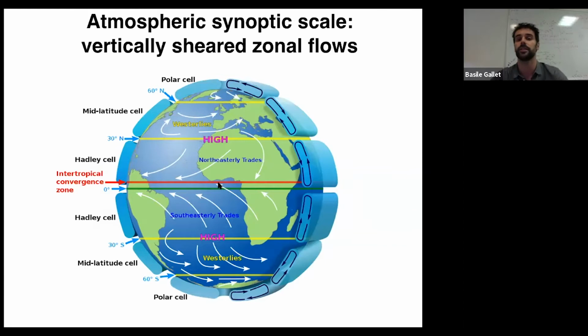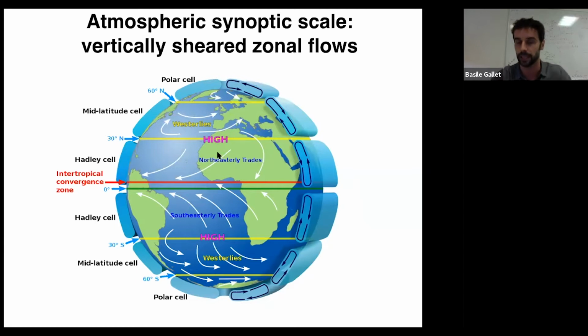If you consider the atmosphere on Earth, again, it's receiving more heat at the equator than at the poles, so you need to move that heat poleward. What happens is that you have some kind of convection, but also because you have this meridional temperature gradient here, you're going to have some jets flowing in the zonal direction that are in thermal wind balance with the meridional temperature gradient.